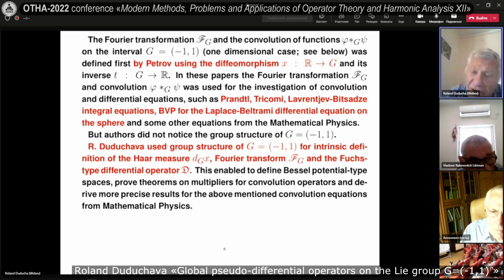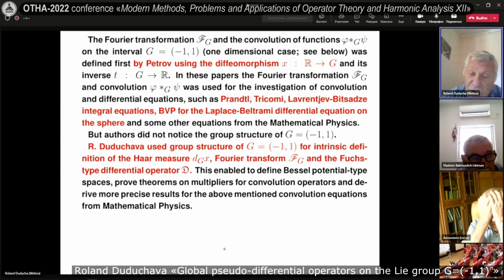His colleagues continue to apply this technique to different problems of mathematical physics. But as I told you, this can be defined independently as harmonic analysis on the Lie group (-1, 1).